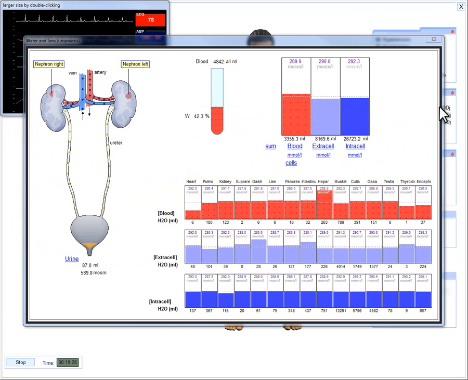To get readings in terms of concentration, left-click on the appropriate millimole per liter lines, also highlighted in blue but located a line lower.